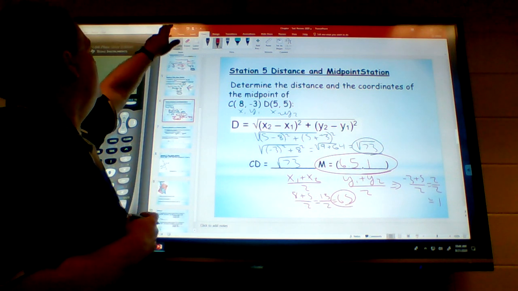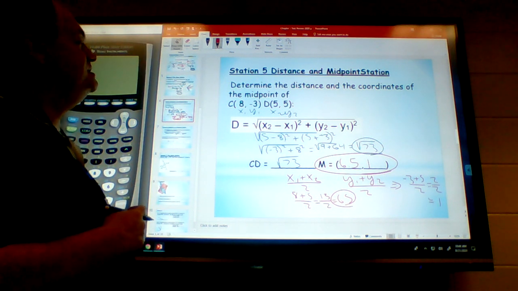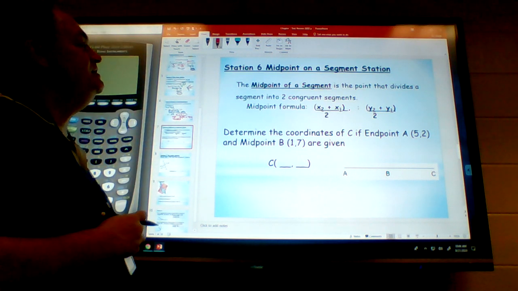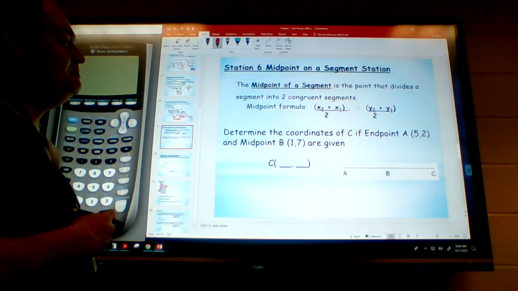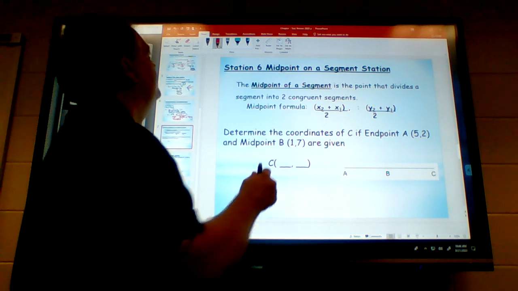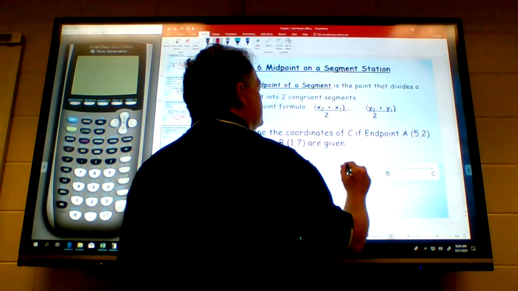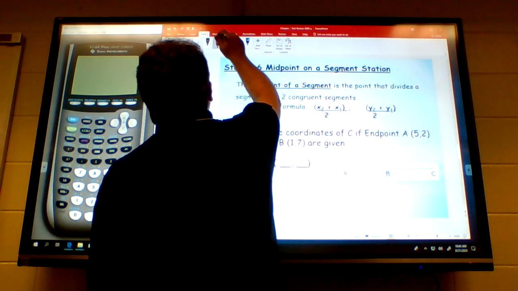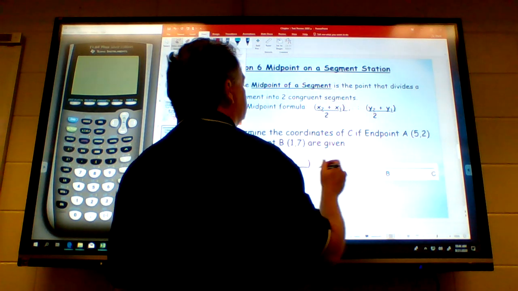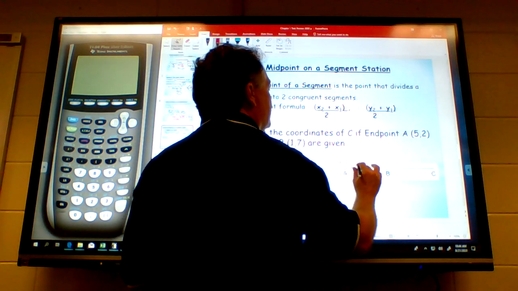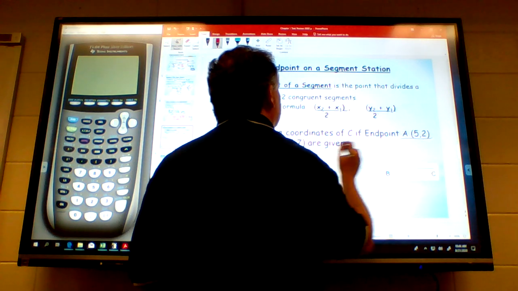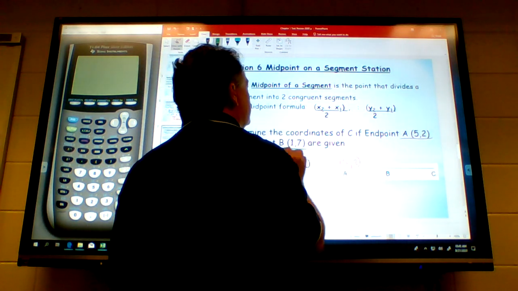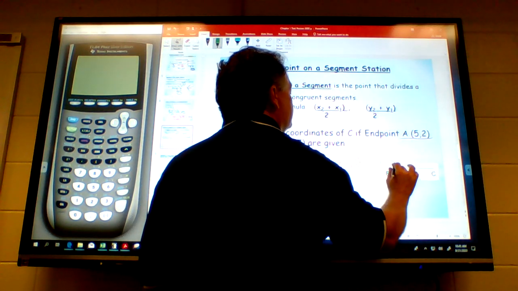Now, I know I've had a couple of you approach me about this next question. What happens when we're given a midpoint and we're given the endpoint? I'm going to show you how to set it up. And then from there, it's just algebra. Okay, first of all, let me write this. A has a coordinate of 5, 2, and B has a coordinate of 1, 7.